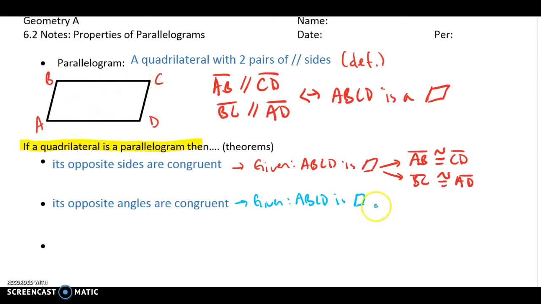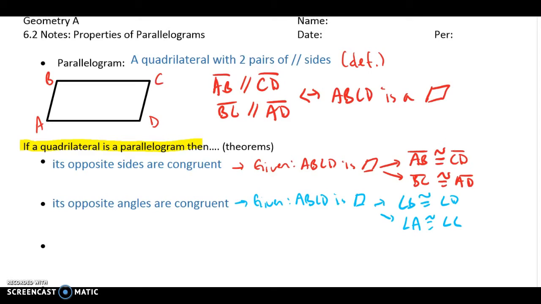So for example, angle B is congruent to angle D, right? And also angle A, let me make that a little bit clearer. So angle A is congruent to its opposite angle, angle C. Right, so they're not connected on the same edge. So that's the second theorem. Remember, these are all assuming we know we have a parallelogram first.